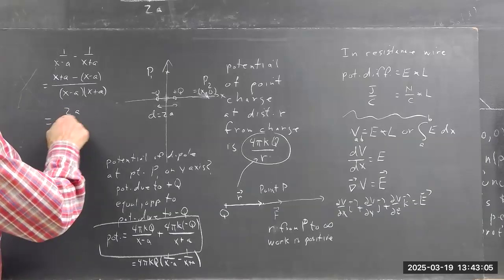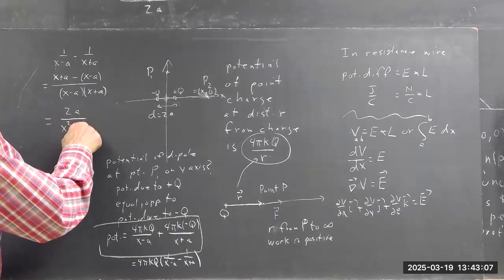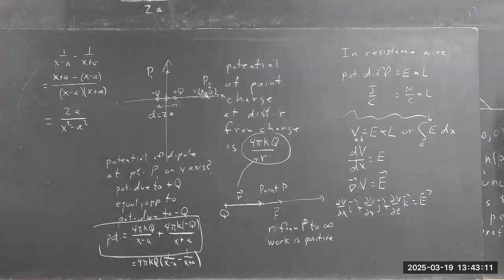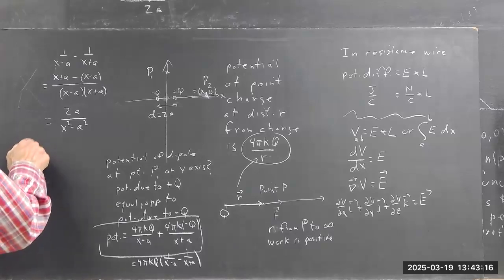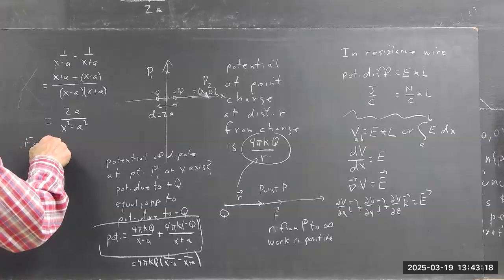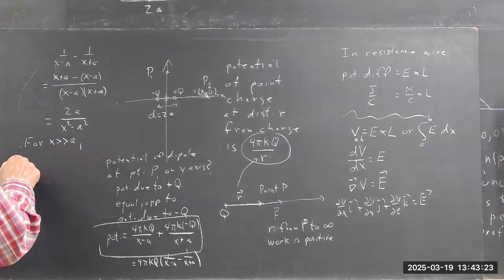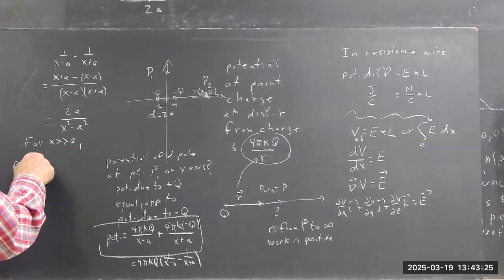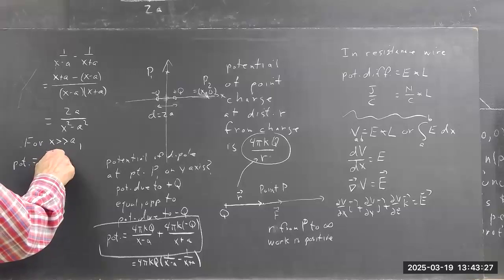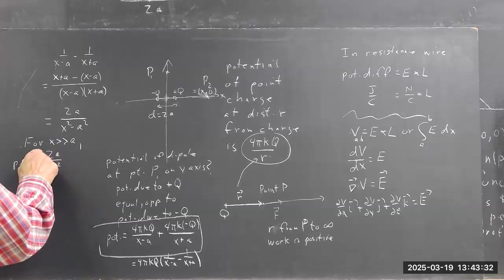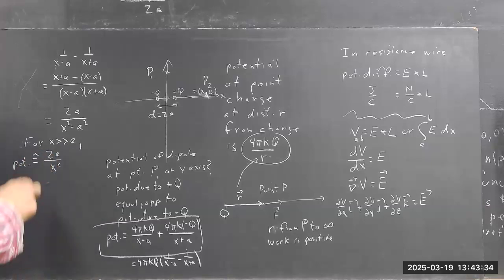This gives you 2a over x squared minus a squared. Okay. And the potential is approximately 2a over x squared.